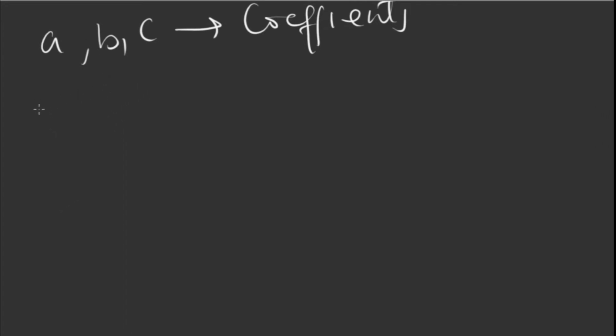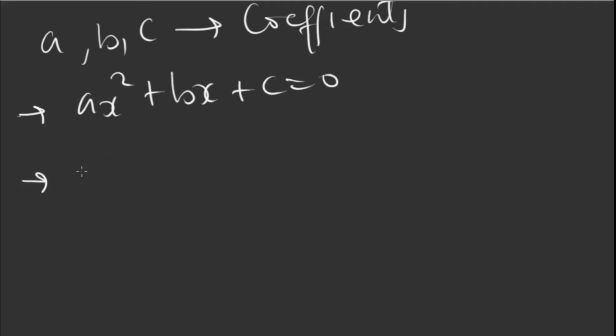So if you want to start deriving this, start from ax² + bx + c = 0. Actually, I have just copied it so that you can follow. What we'll do is take this c to the left side of the equation, so it will become minus c. I hope you can follow what I'm doing here.